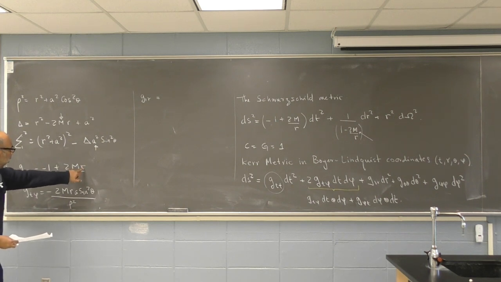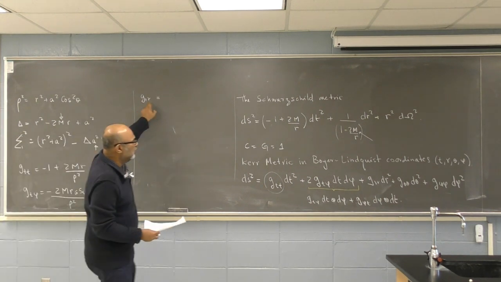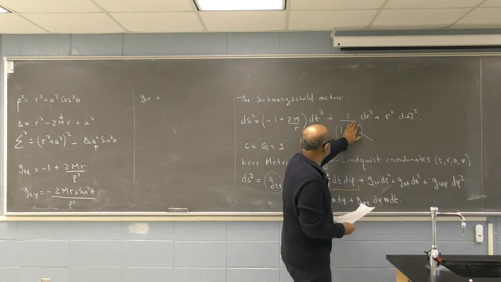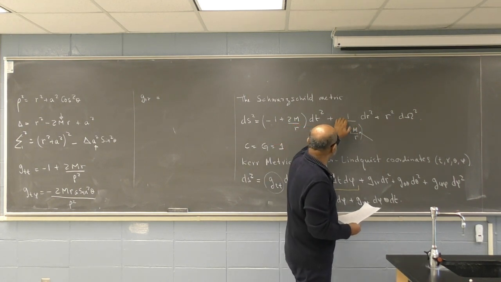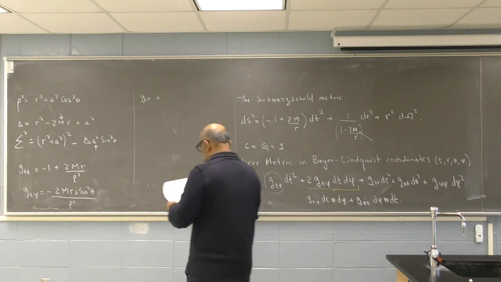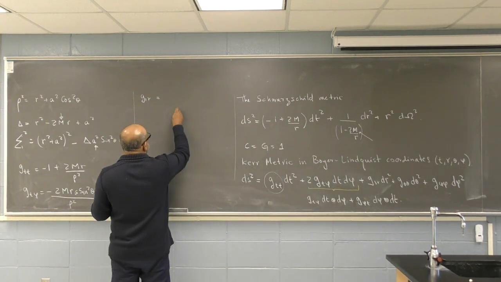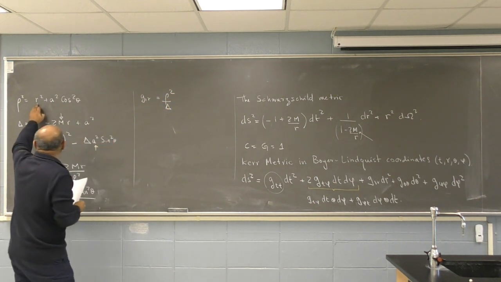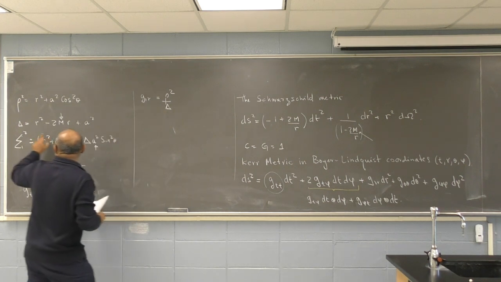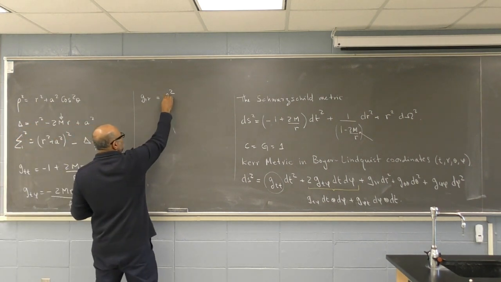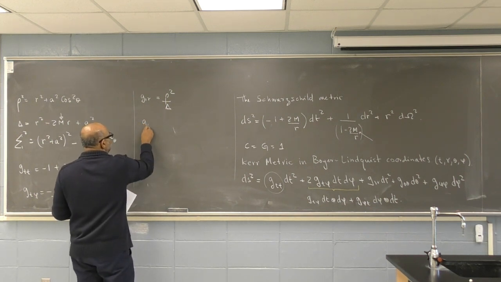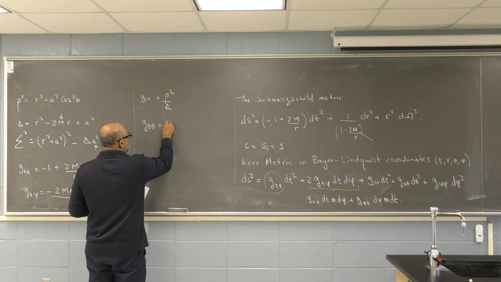This is r over r squared, and g rr, at least in the Minkowski metric, when this is 0, this is just 1 in terms of r, and so you will find rho squared over delta, meaning factors of r. This is r squared. Delta is also r squared. That's what I mean. Okay, and g theta theta is rho squared.